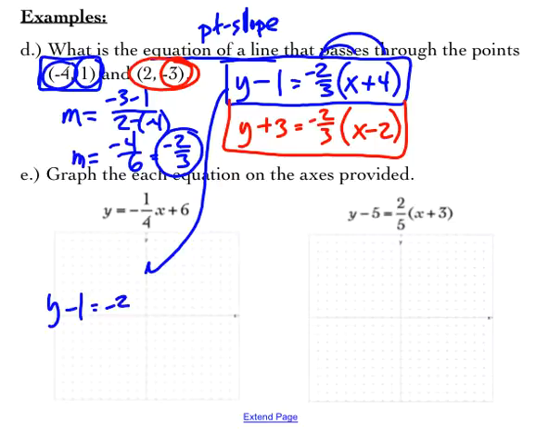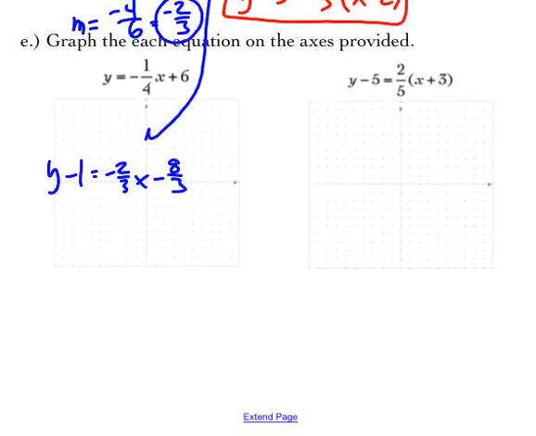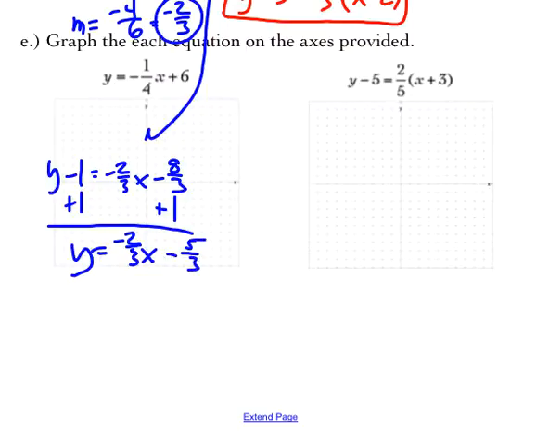So that would be negative 2/3 x minus 8/3 when I distribute the negative 2/3 to the positive 4. And then this is going to give me, if I add 1 to both sides, y is equal to negative 2/3 x minus 8/3 plus 3/3, which is minus 5/3, right? Okay, so that would be that way.